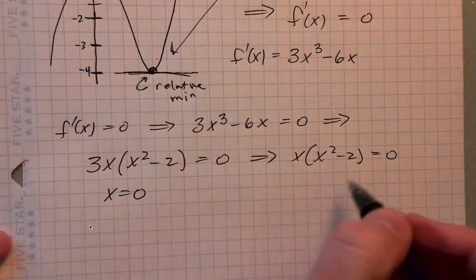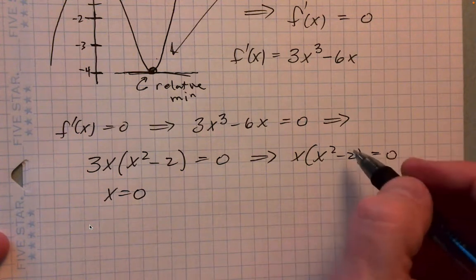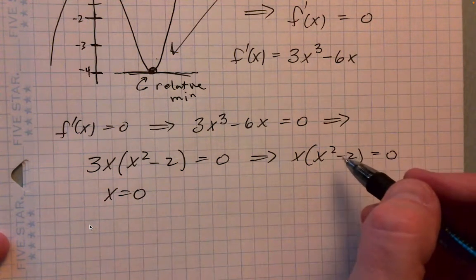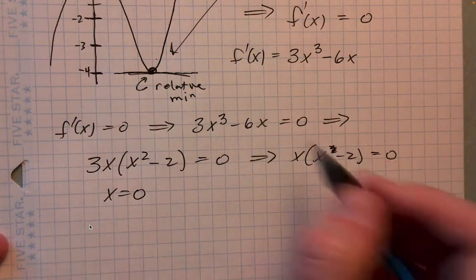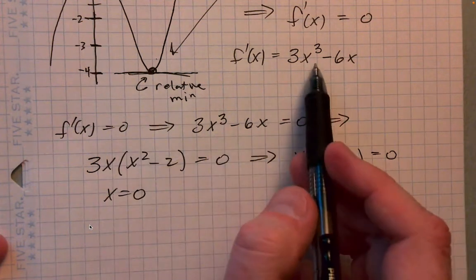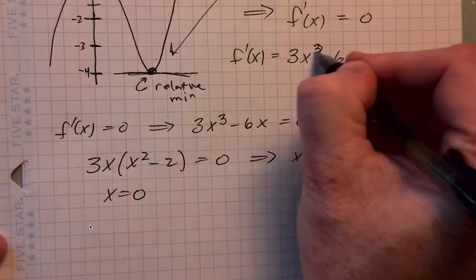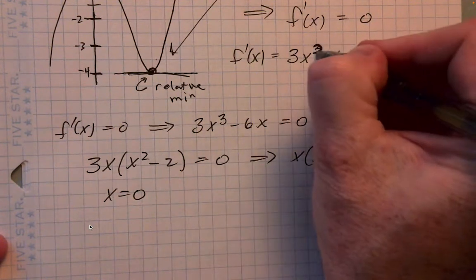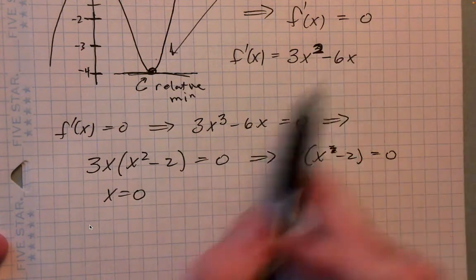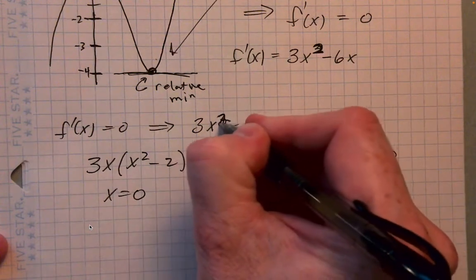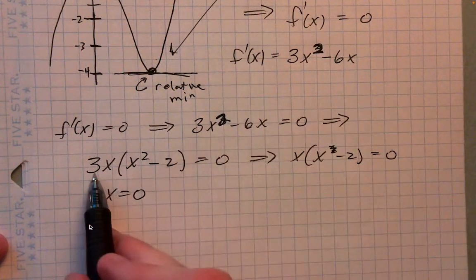Why do I have this... this should not be cubed. That's right, this should be 3x squared. Sorry, I knew I had a typo somewhere here. So that's 3x squared minus 6x. Be careful of that.